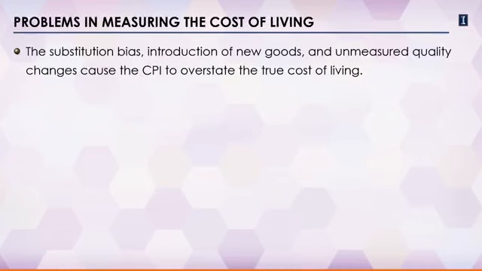These 3 items, the substitution bias, the introduction of new goods, the unmeasured quality changes, they all tend to, on the whole, overstate the cost of living.